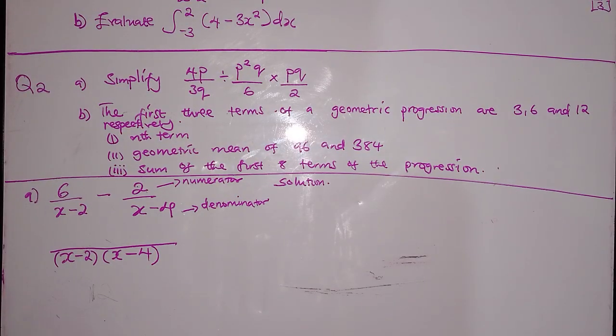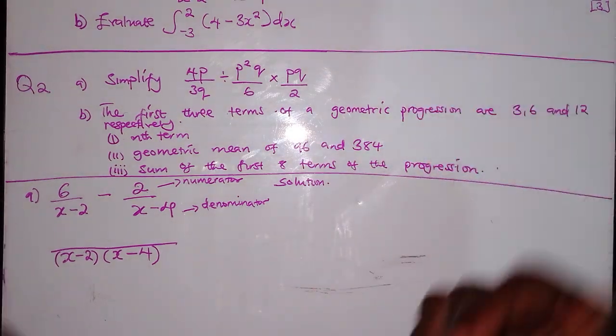Now we have to subtract. So how do we subtract? This is where you have to pay attention. Once you write this common denominator, the quickest way in which you can solve this question is to cross multiply. Why are we cross multiplying?